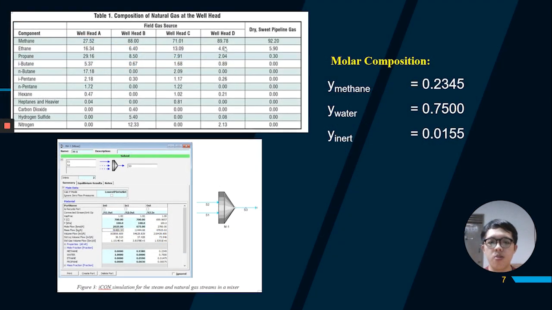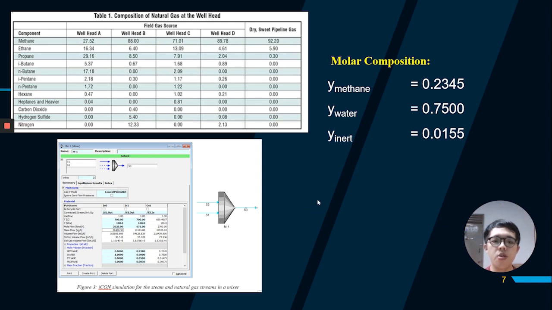From the figure above, we can determine the molar composition of methane in natural gas, where around 94% of natural gas is methane. With a carbon to steam ratio equal to 3, we can calculate the molar composition of the outlet stream of the mixer through Aspen simulation.